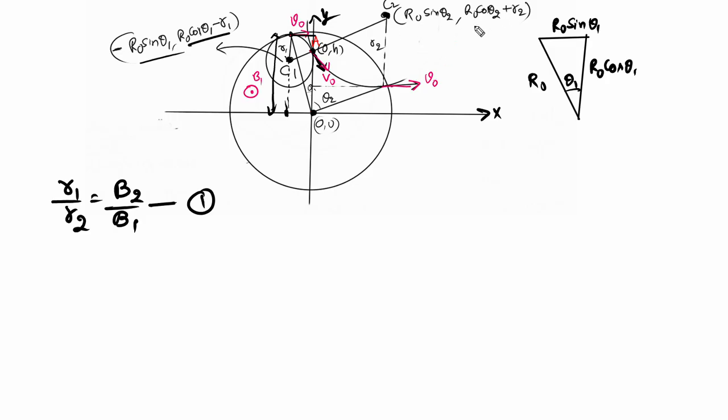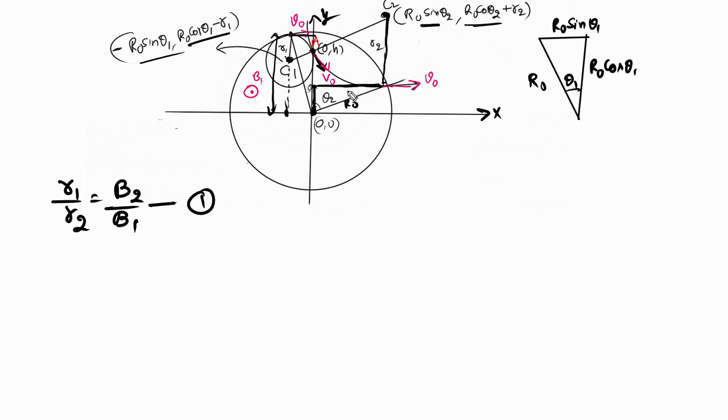Similarly, we can get the coordinates of the point C2, because this length is R0 and this is theta 2. So this length is R0 sine theta 2 and this length is R0 cos theta 2. R0 sine theta 2 is the x coordinate, and R0 cos theta 2 plus this length, the radius R2, is the y coordinate of this point. So that is clear.